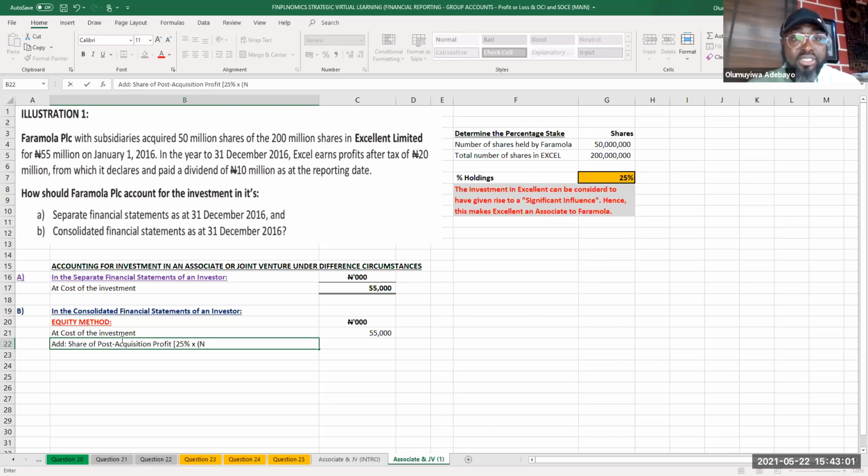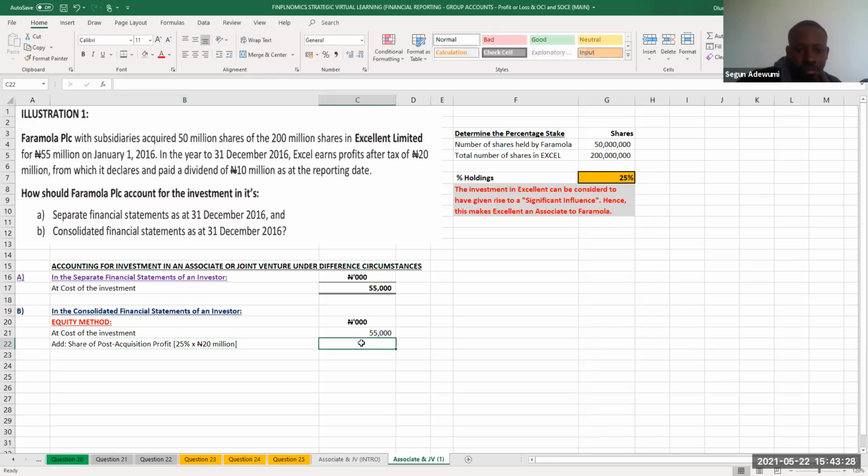Post-acquisition profit, okay, this is our first year, 2016, that we have it, and therefore the whole of that profit for that year is 20 million. Therefore, 25% of 20 million is how much? 5 million.